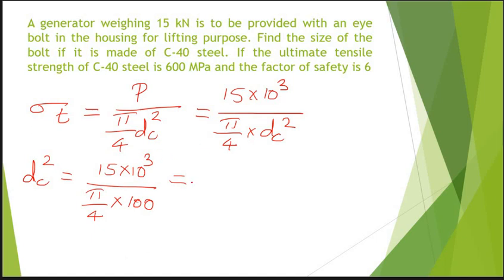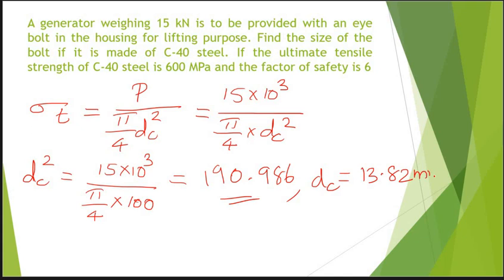So the answer is 190.986. DC square is 190.986. So from this, the root of 190.986 will give 13.82 mm. This is the core diameter.